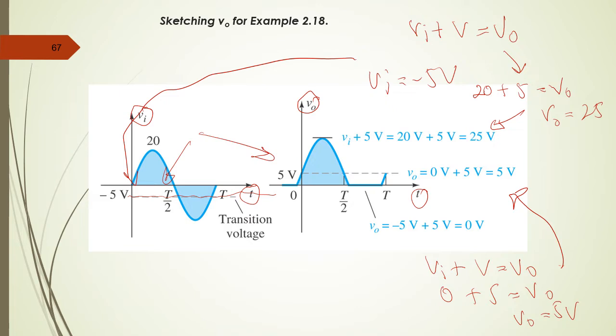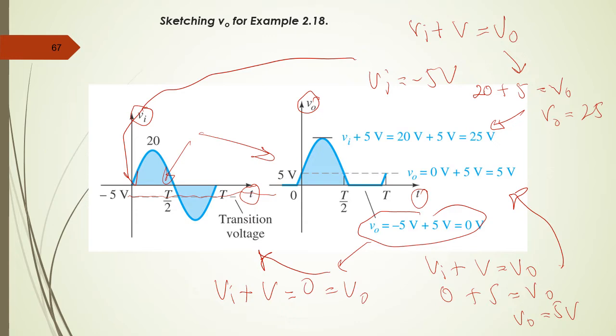Transition level. If we plot here, V out equals 0 here. This is the first part when we determine the transition voltage. At this part, remember again, Vi plus V equals 0 and equals V out.